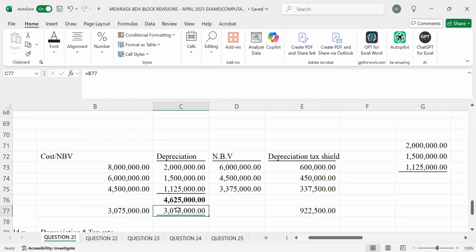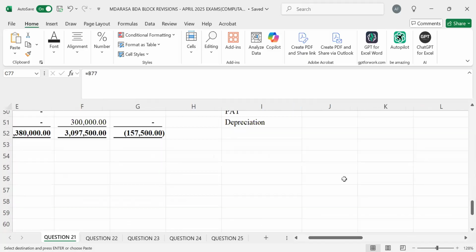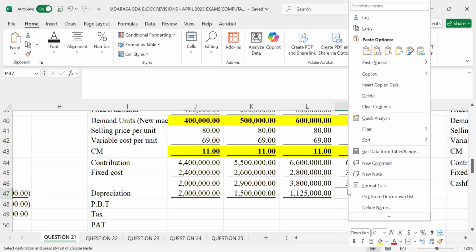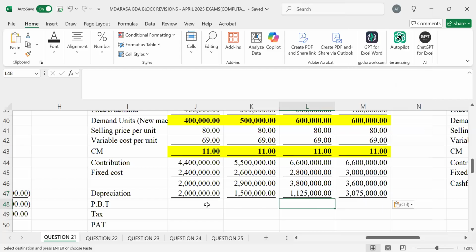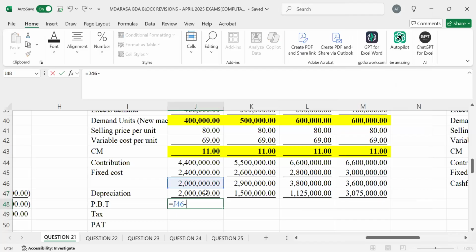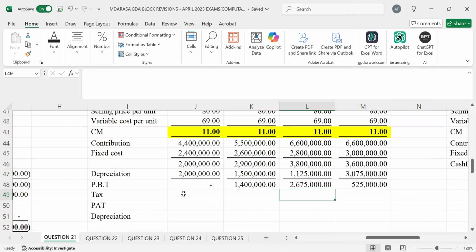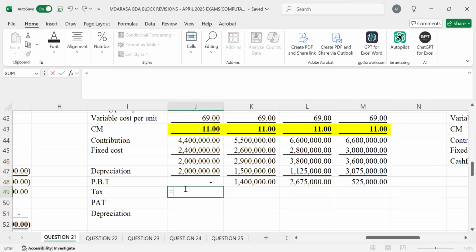Year 4, these are depreciation. So profit before tax, we less that. We come and consider our tax, 30% times our value there.